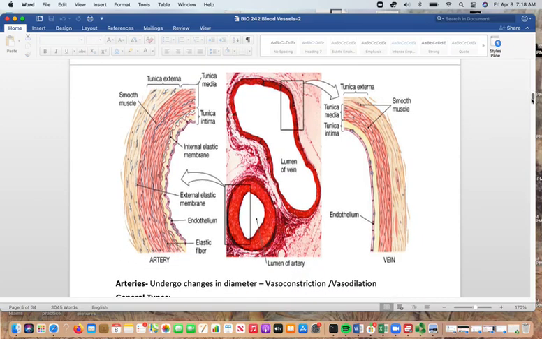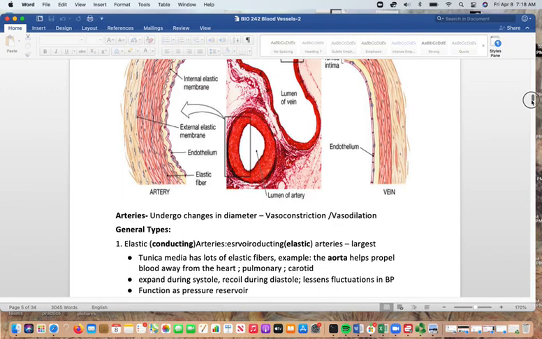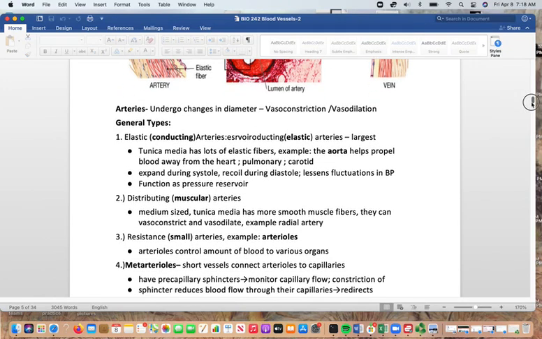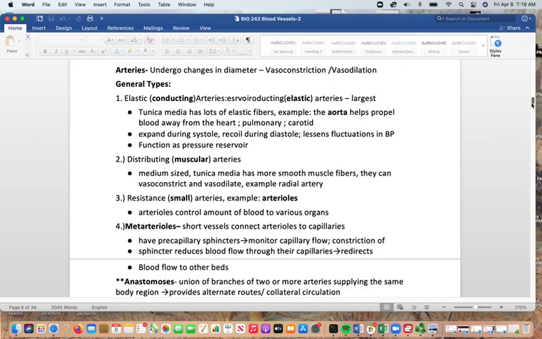So again, more comparisons between arteries and veins here. You can see the size of the lumen being quite different here. The arteries are the ones that are going to undergo the changes in their diameter. Elastic arteries are going to be your largest ones.